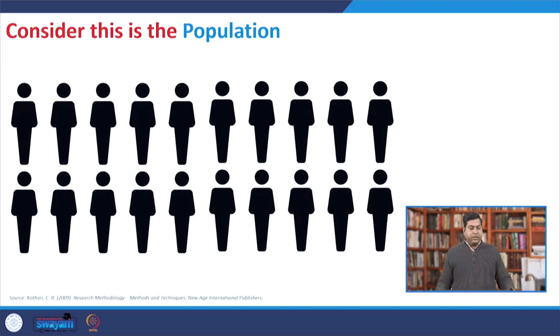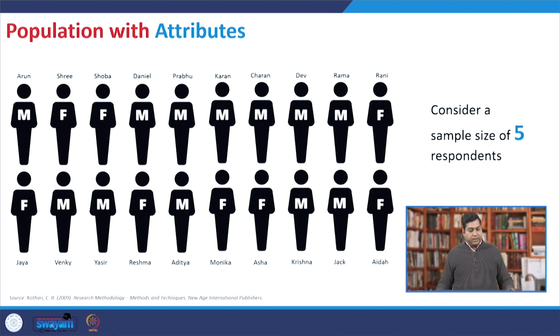Say for example that this is the population, the target population of my research. You can consider these as human representations, and next we have names.